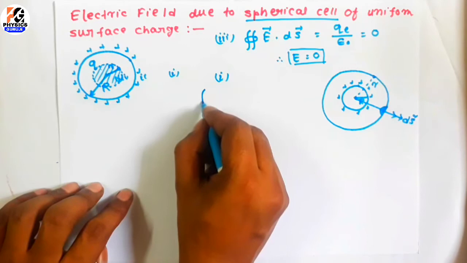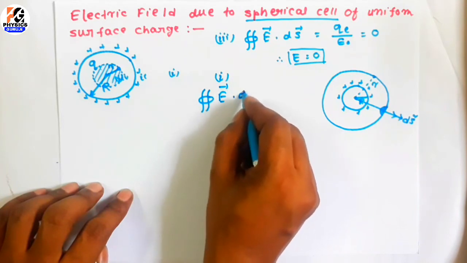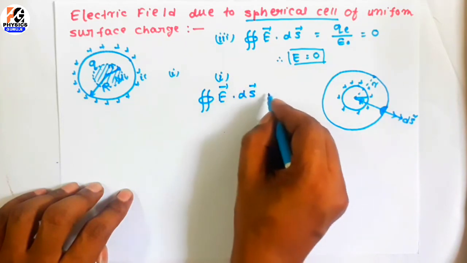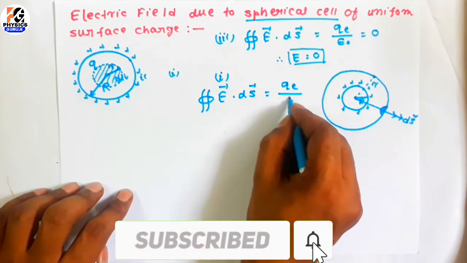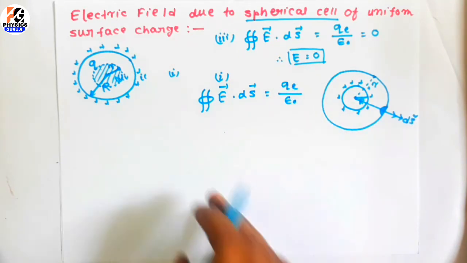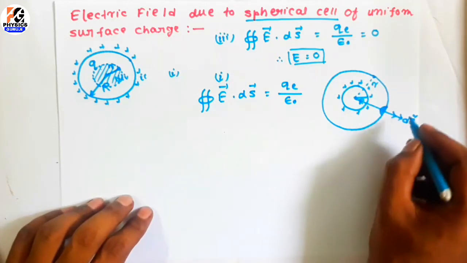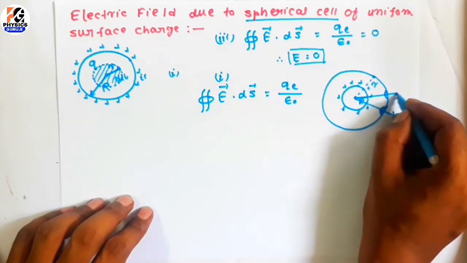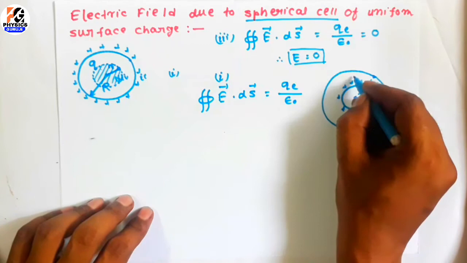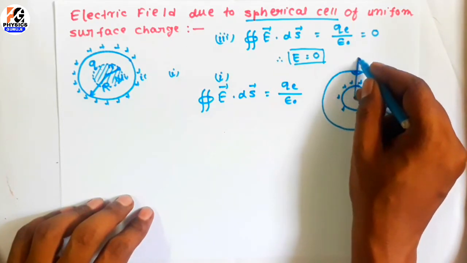So here we can write the closed surface integral of E dot dS is equal to Q enclosed by epsilon 0. Now look at the figure: for every dS, if I take dS here, the electric field and dS will be in the same direction. If I take a dS here, the electric field and dS are in the same direction.